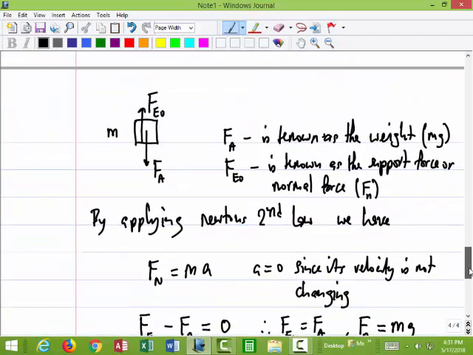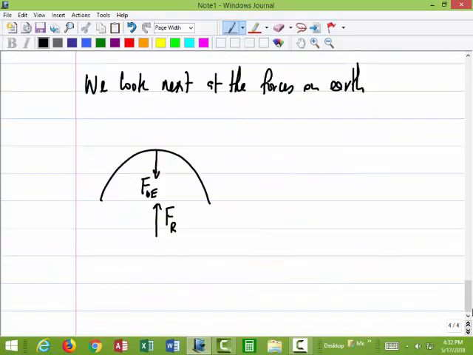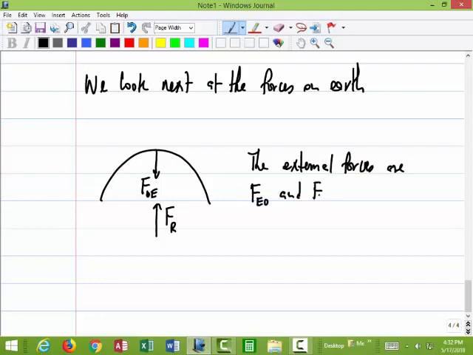Let's look next at the earth. So again, the same scenario applies. So we have a force like this, which is a force of object on earth. And then we also have this force, which is the reaction force due to the object pulling on the earth. So by isolating the earth by itself, we can see that the net forces or the external forces are F_EO and F_R.